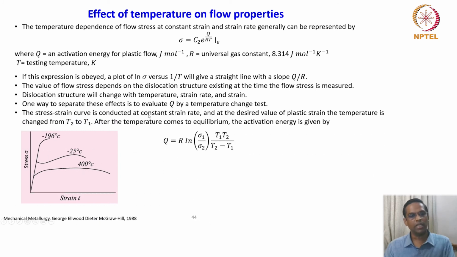The stress strain curve is conducted at constant strain rate, and at the desired value of plastic strain, the temperature is changed from T2 to T1. After the temperature comes to equilibrium, the activation energy is given by Q equal to R ln of sigma 1 by sigma 2, times T1 T2 by T2 minus T1. So this is a very important relation to find out the activation energy for plastic flow. Activation energy for what? Activation energy for plastic flow under the influence of high temperature.